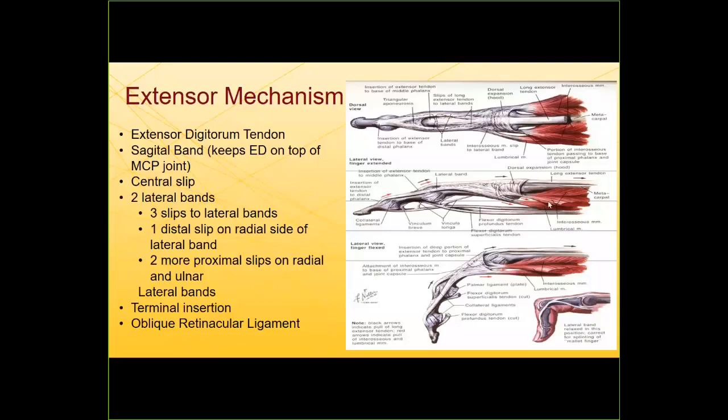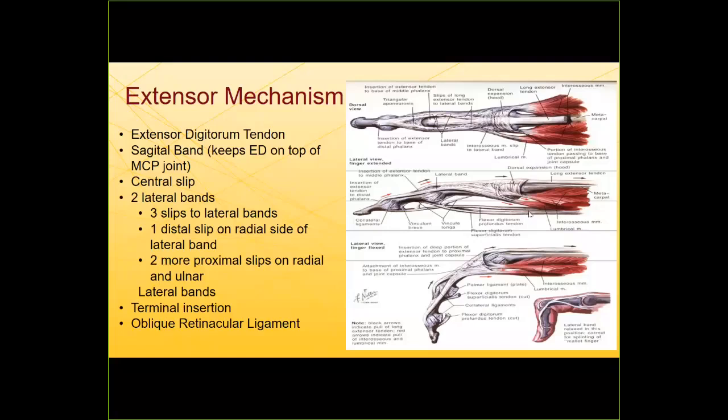And because the interossi muscle and the lumbrical muscle insert on the lateral band, they create tension on this entire extensor mechanism and pull it back this way. Because those lateral bands insert on the base of the distal phalanx, it helps to extend the distal phalanx. It's a very complicated thing, but when you break it down, it makes a lot of sense. I just love how these red arrows illustrate that.